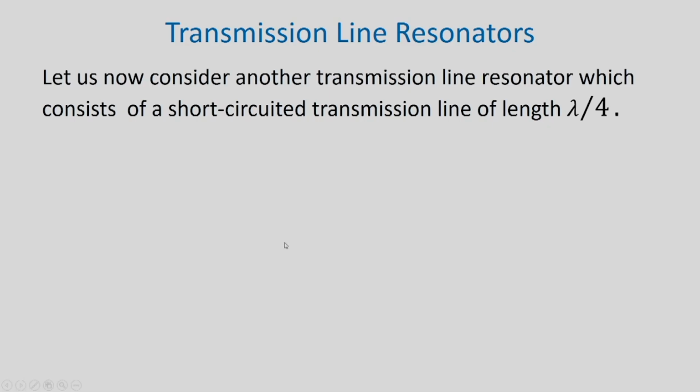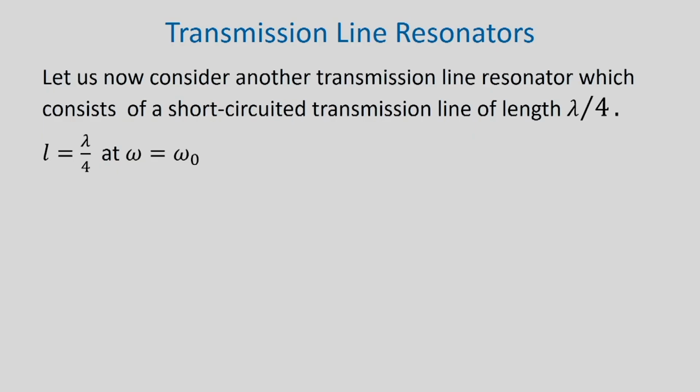So, for this type of transmission line resonator, we have at omega equal to omega naught, the physical length of the transmission line L equal to lambda by 4, that means it is a quarter wave section short circuited at one end.